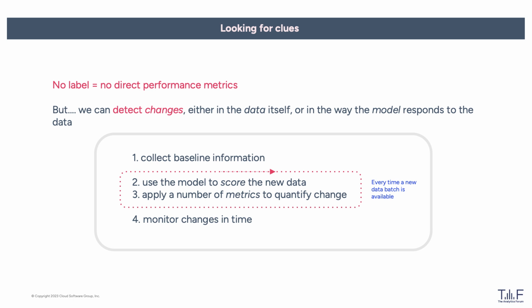And then at each point in time in which a new data batch becomes available, we score the data with the model, and we apply a number of metrics that we use to quantify the deviation. And then when we monitor these changes over a period of time, we get an idea of what is going on.